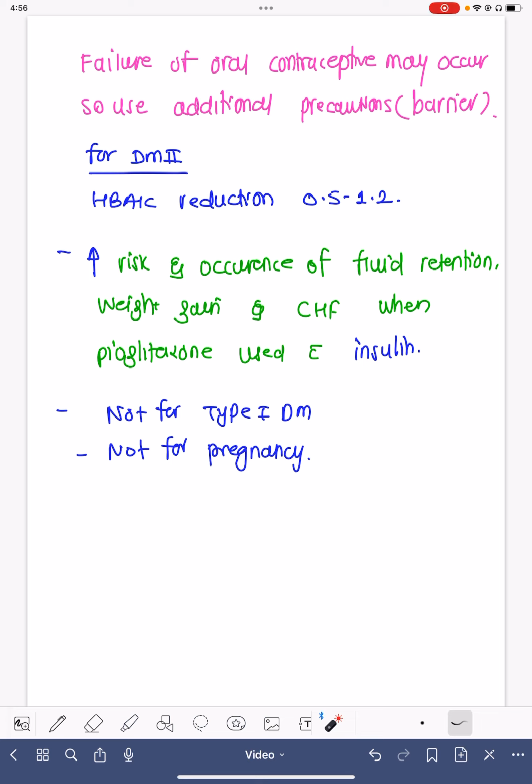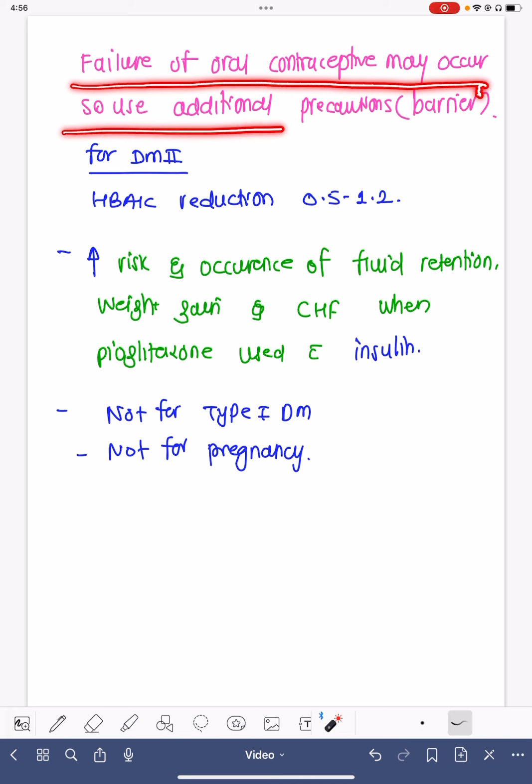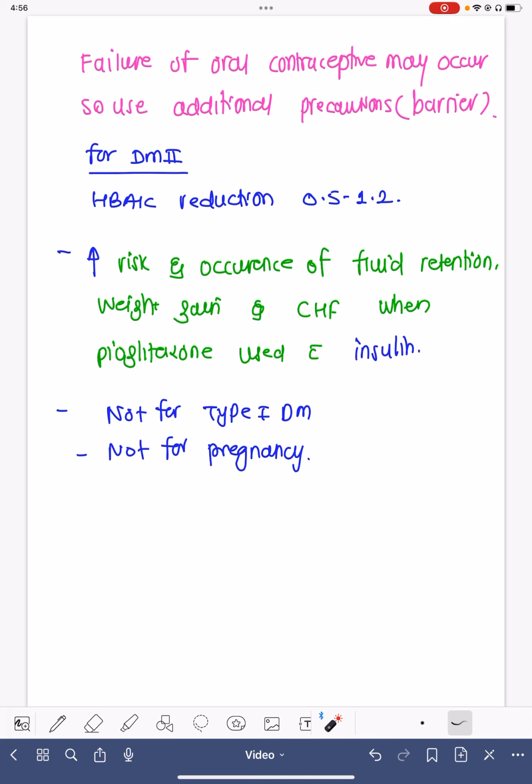Another problem with this pioglitazone is there can be a failure of oral contraceptives with its use. So additional precautions like barrier or condom contraceptives must be used whenever a young or childbearing patient is using this pioglitazone.